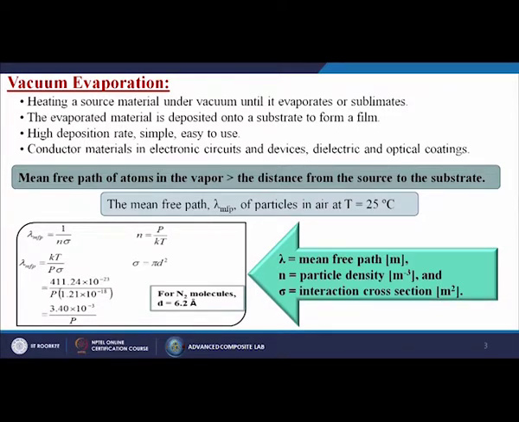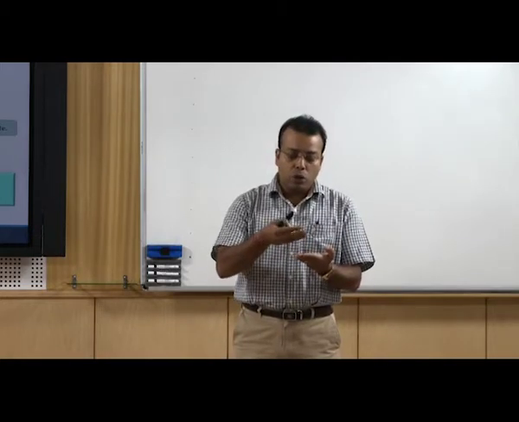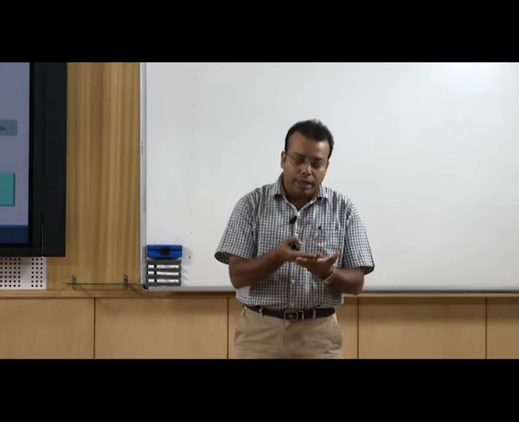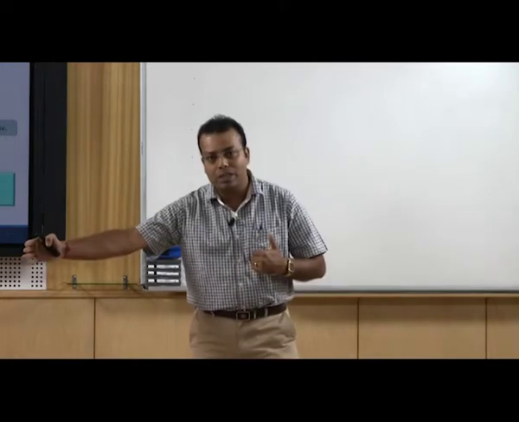Now, I have the target material, and I give heating to that target material so that it can vaporize. When it vaporizes, some atoms or molecules can fly up to a certain distance.